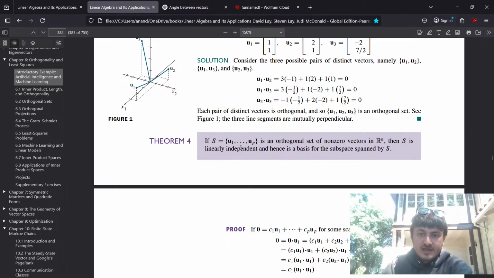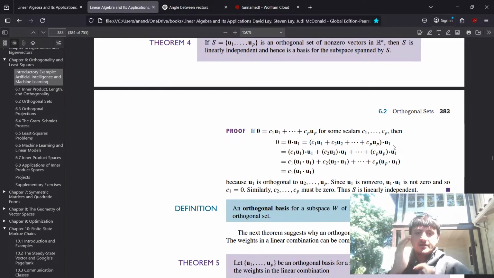If S is an orthogonal set of non-zero vectors in Rn, then S is linearly independent and hence a basis for the subspace spanned by S. Let's see how they do the proof.